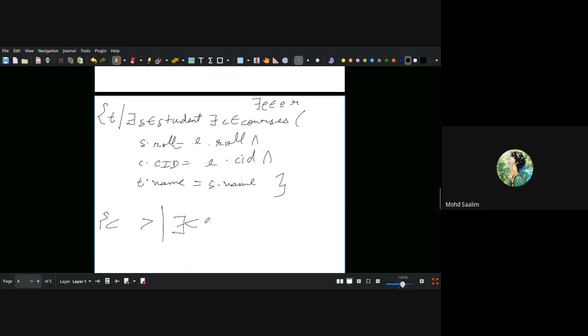So I can have a domain like this: A comma B belongs to student. But let's say I want only those students whose name is Ram. So instead of making it a variable, I can directly give a string called Ram. This is a direct selection, direct filtering. We don't have to go and say B is equal to Ram. We don't have to give explicit conditions.